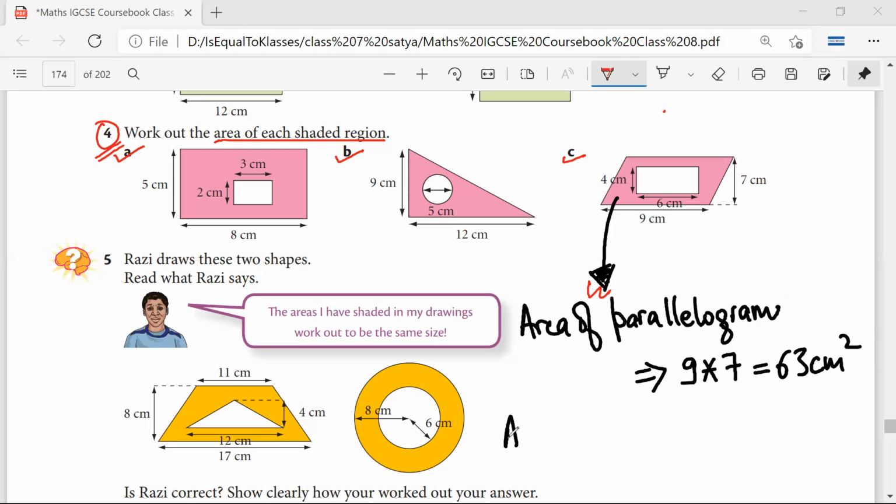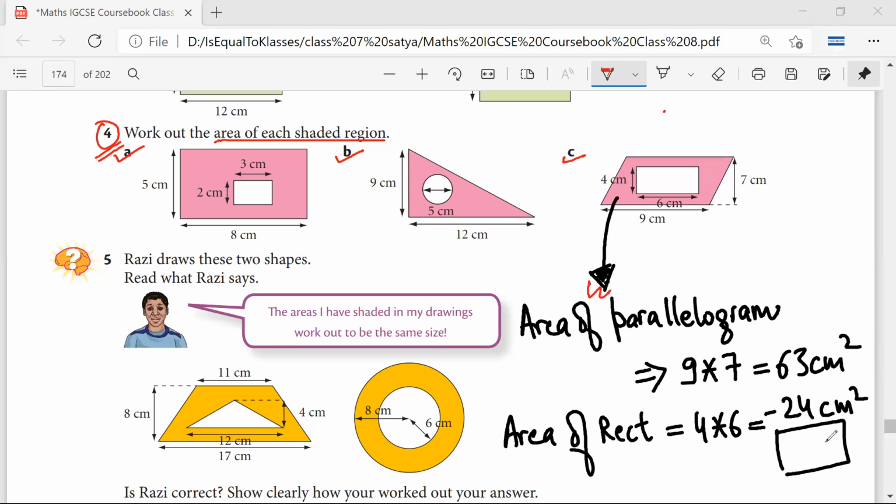Then we'll find the area of the smaller rectangle. That will be 24 centimeters square. Then we'll subtract 24 from 63, and the answer is 39 centimeters square. Mr. Satya, any doubt? No, sir.